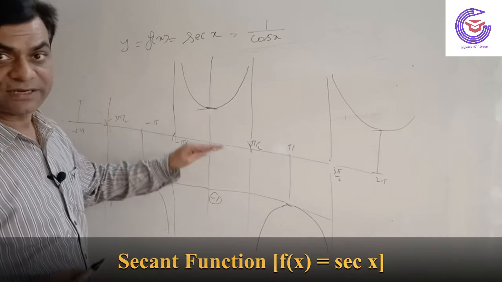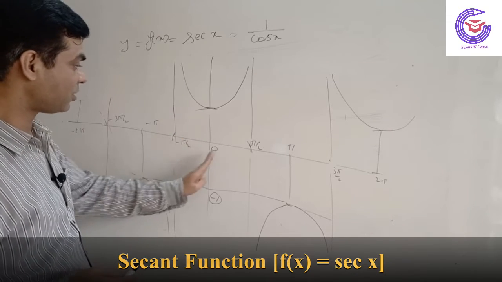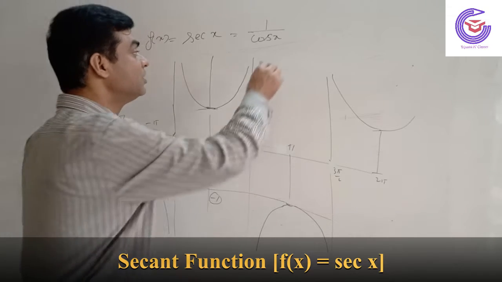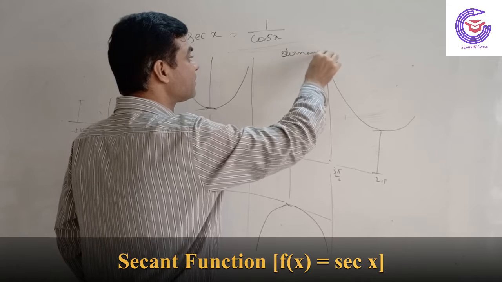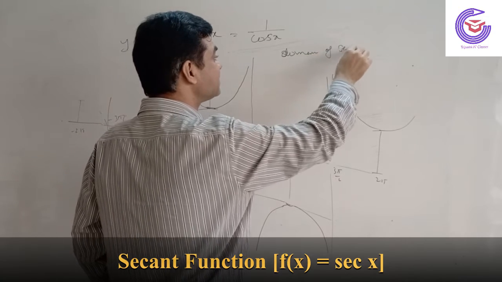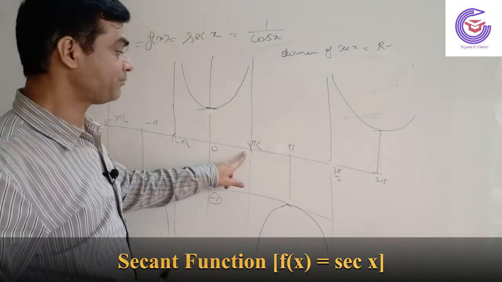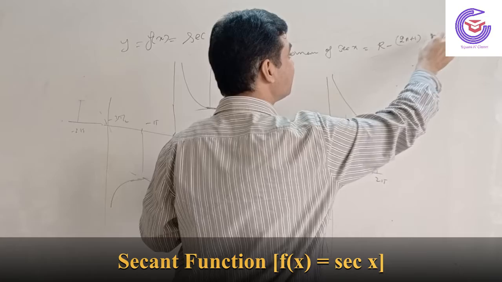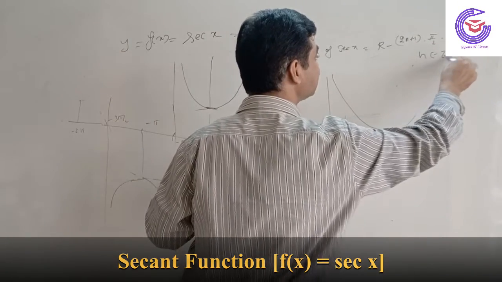So from the graph you can easily figure out what is the domain. Here you see for all values of x you are getting y except pi by 2, 3 pi by 2. So what is the domain of sec x? It is R minus the odd multiples of pi by 2, so (2n plus 1) pi by 2, you have to exclude this, where n is an integer.